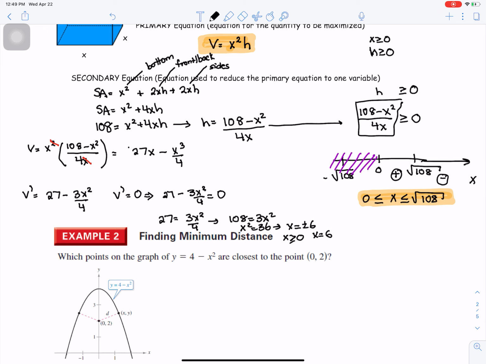So I have one critical point, volume at 0, volume at 6, volume at square root 108. I sub that into my volume equation, which you can use whichever one you want. I'm going to use this one right here. Now when you sub that in and test it, the volume at 0 is going to be 0. The volume at 6 is going to be 27 times 6 minus 6 cubed divided by 4, which is 108.